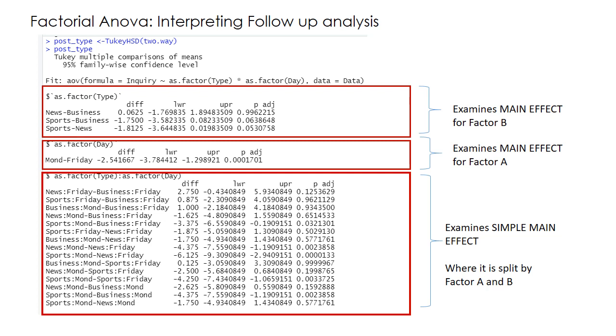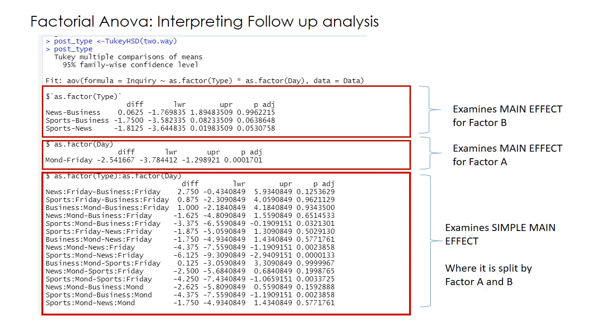The third one is business Monday, business Friday. What are we examining here? On the level of business, you are comparing between Monday and Friday. So all are business inquiries, but between Monday and Friday.